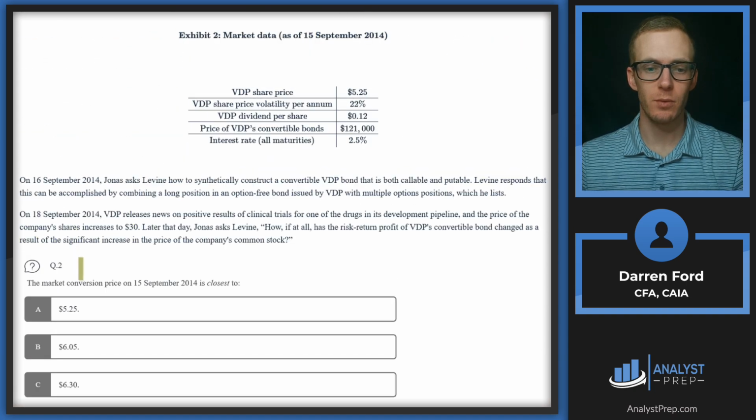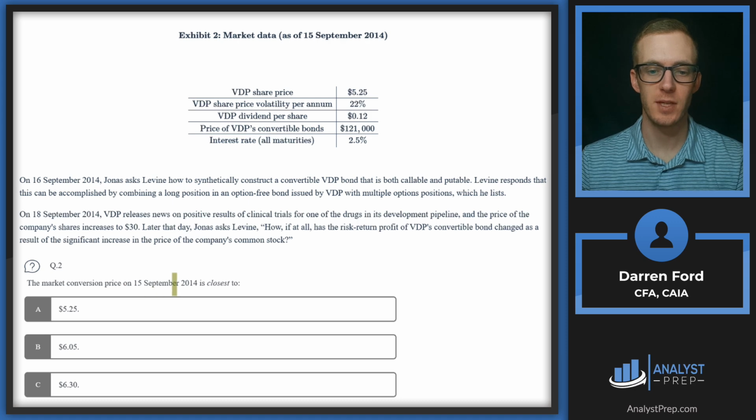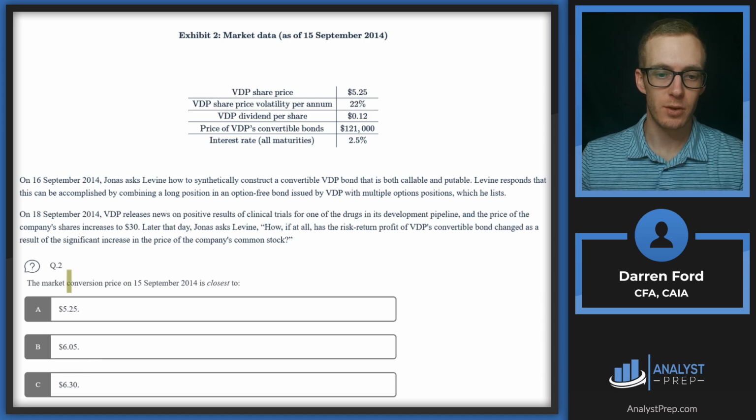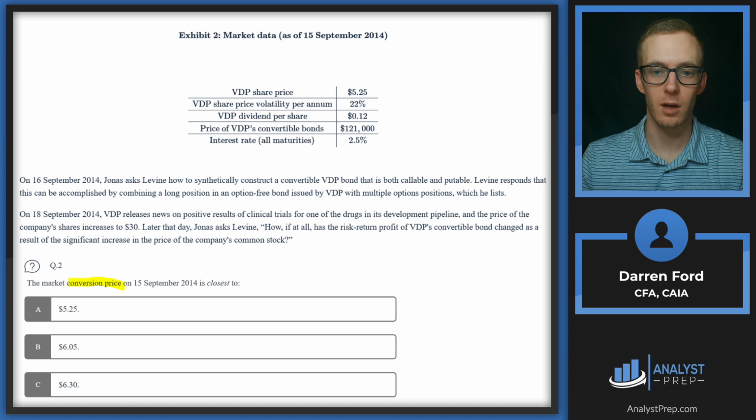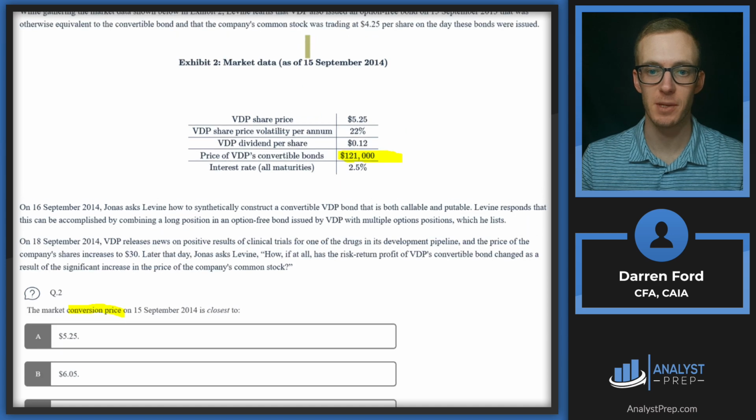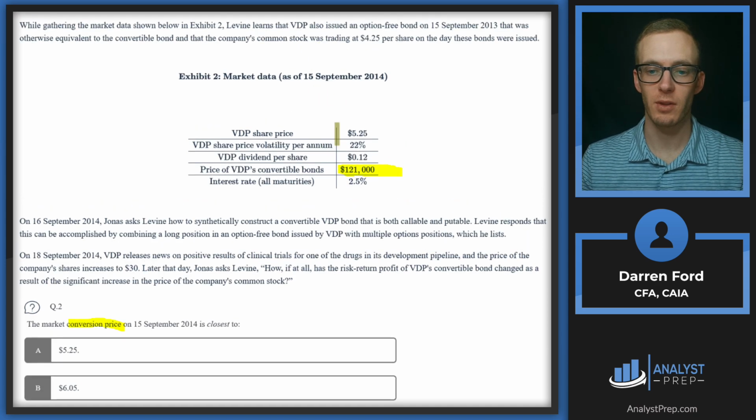Answer B. Question 2. The market conversion price on 15 September 2014 is closest to 525, 605, or 630. So for the conversion price, that formula is going to use our convertible bond price. Our convertible bond price in this situation is going to be this 121 number, which we have in Exhibit 2, where we left off last question.